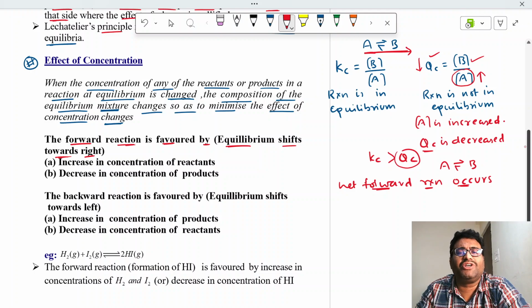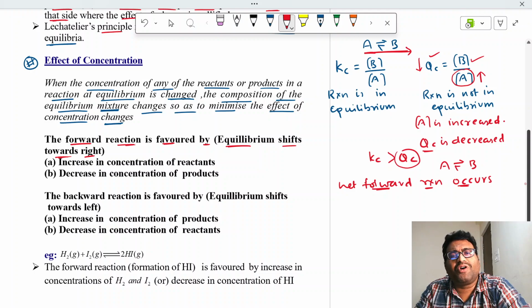That means Qc has to increase, so the concentration of B must increase and the concentration of A must decrease, so that the net forward reaction occurs. That means equilibrium shifts to right.